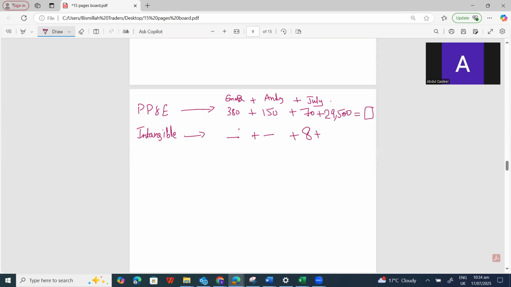If we are mentioning figures in thousands above, we need to write 29.5k. 8 plus 11, 11,000 was the intangible assets adjustment, like customer base relationship, that was not recorded by Julie Limited. Then you have to do the total.